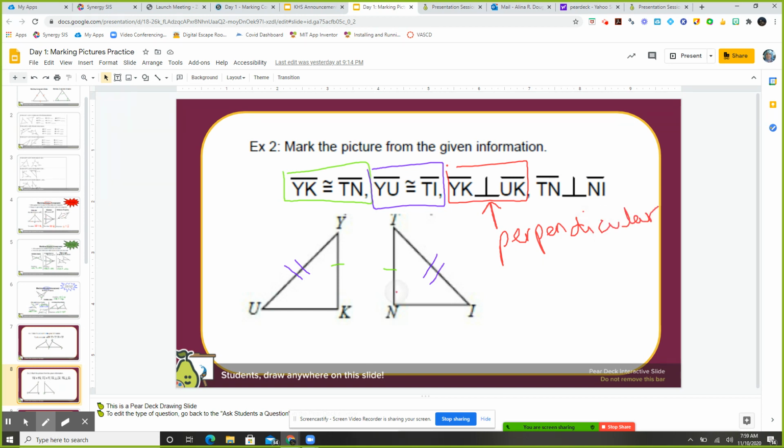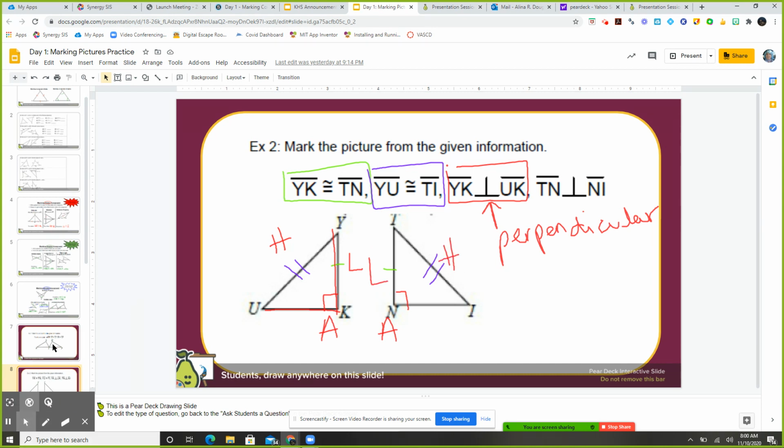Perpendicular is marked with that 90-degree box, right? So YK is perpendicular to UK. So I've got a 90-degree angle marked, I've got a leg, and I've got a hypotenuse.